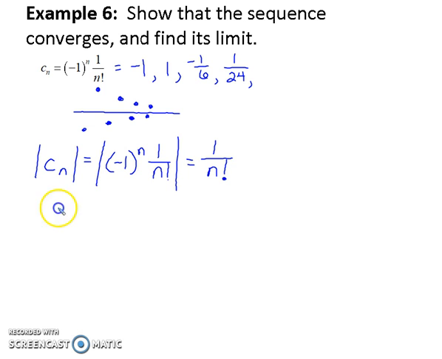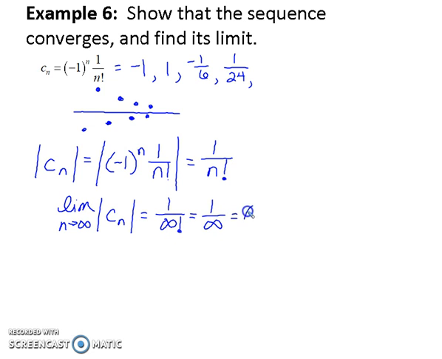So the limit as n goes to infinity for the absolute value of c sub n would be 1 over infinity factorial, which is 1 over infinity, which would be 0. Therefore, the limit as n approaches infinity for c sub n is also 0, and that sequence converges to 0.